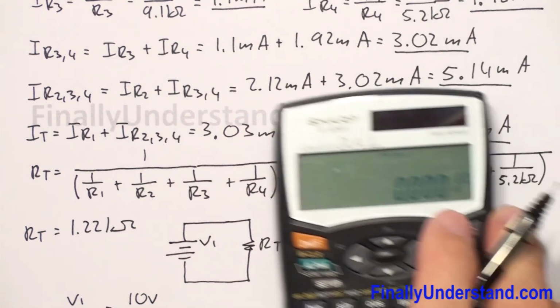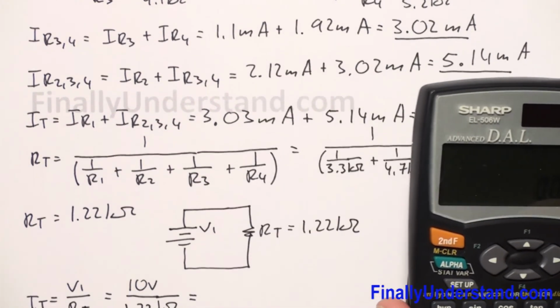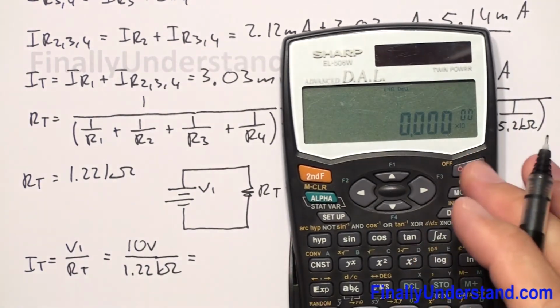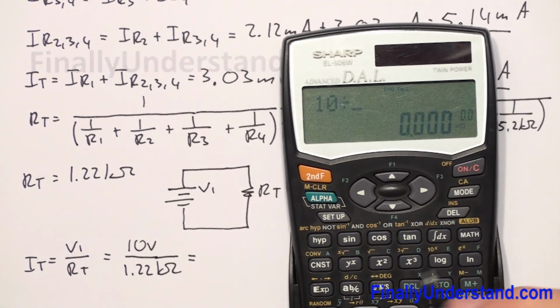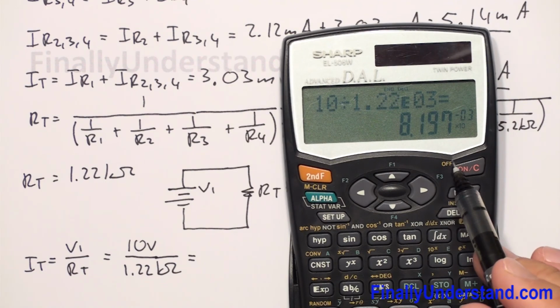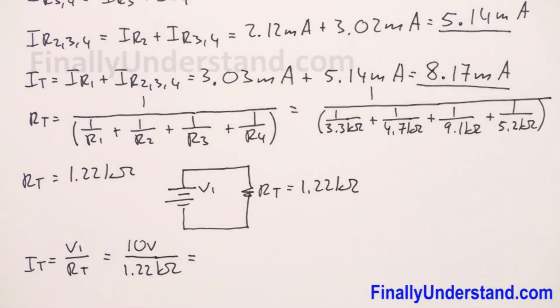So I have 10 divided by 1.22 exponent 3 equals 8.19 milliamps.